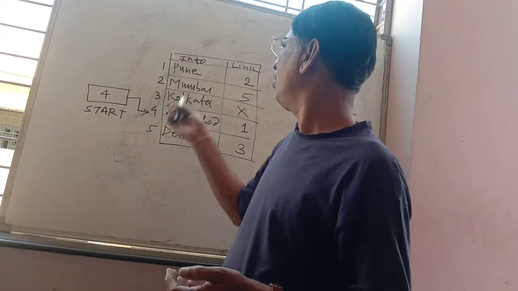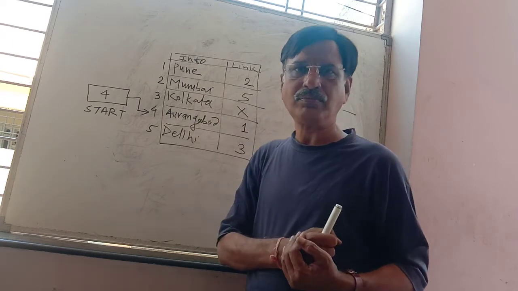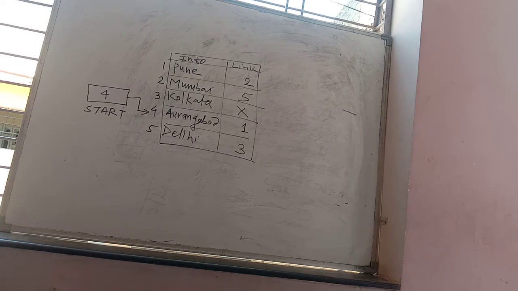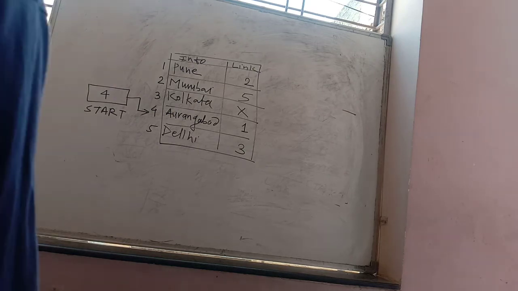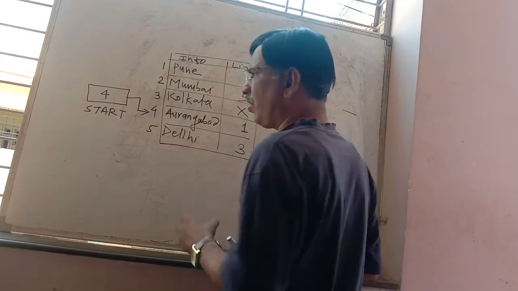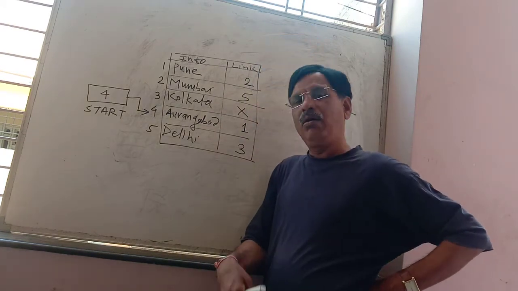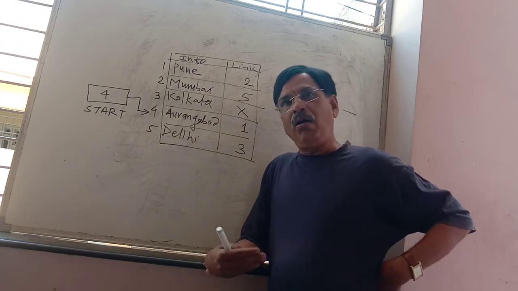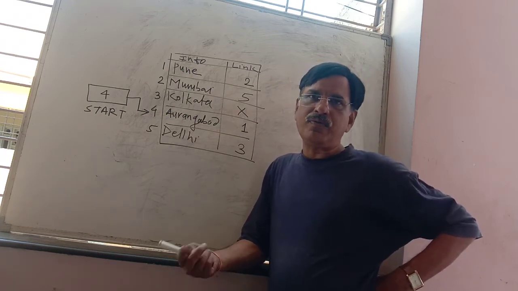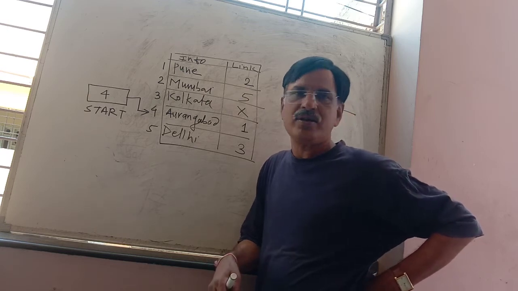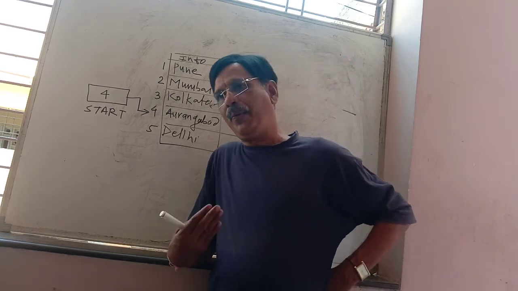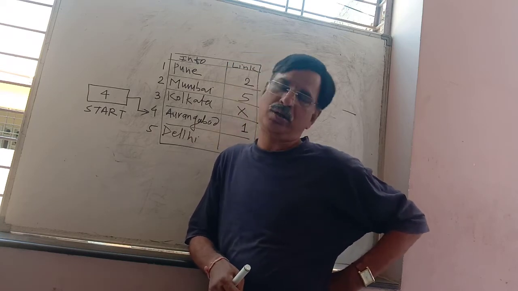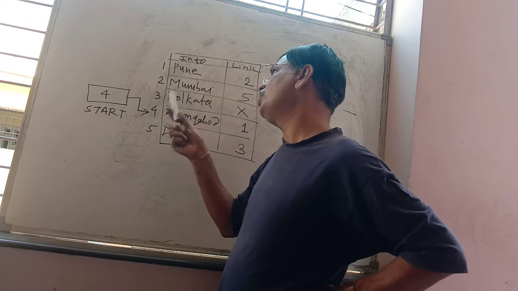So what definition can we make? Can you tell? The linked list is a linear collection of nodes. The difference between linear list and linked list: a linear list is a collection of elements where every element is referenced respectively by an index set, whereas a linked list is a collection of nodes where each node is divided into two parts.